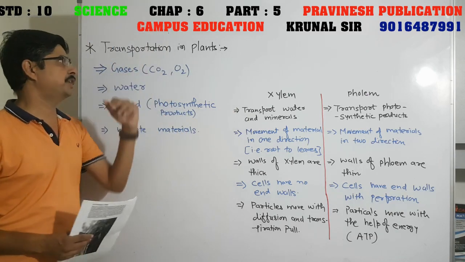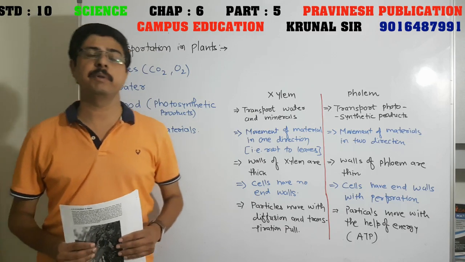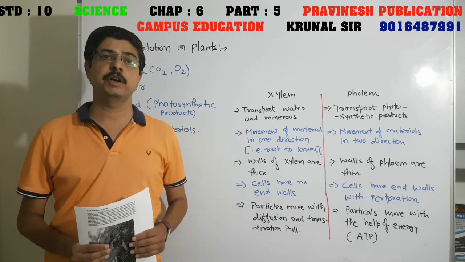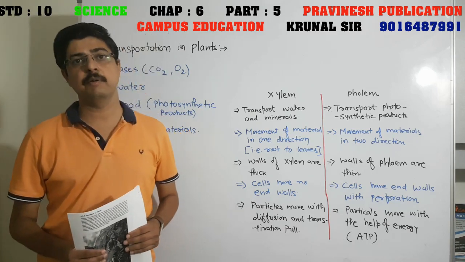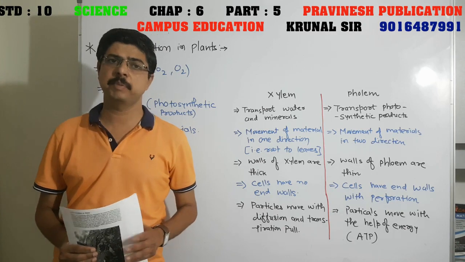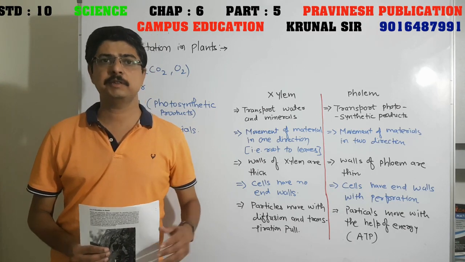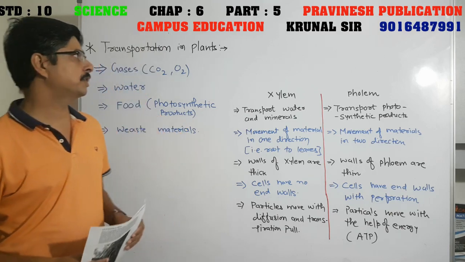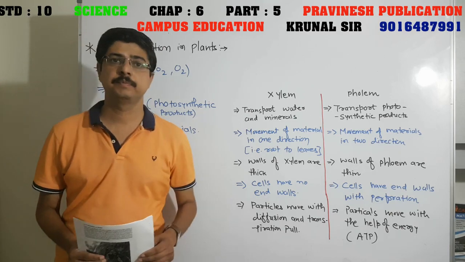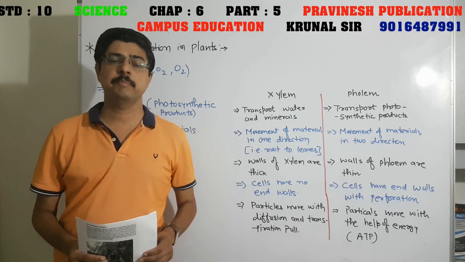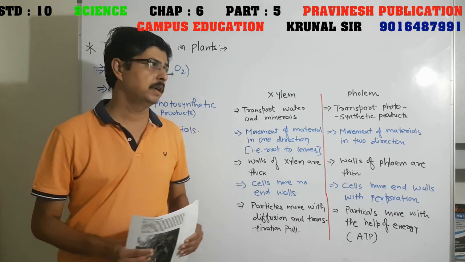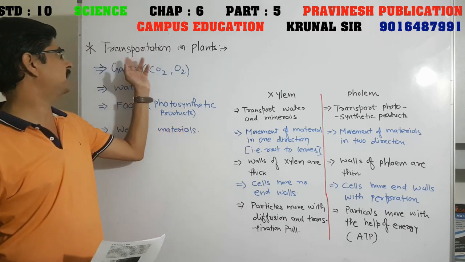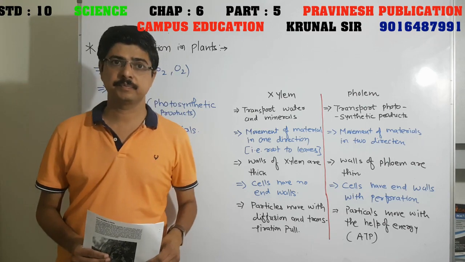Now, transportation in plants. Friends, we human beings transport different substances in our body, that we understood in the last part, that is part 4. In this part 5, I will explain how different substances are transported in plants.